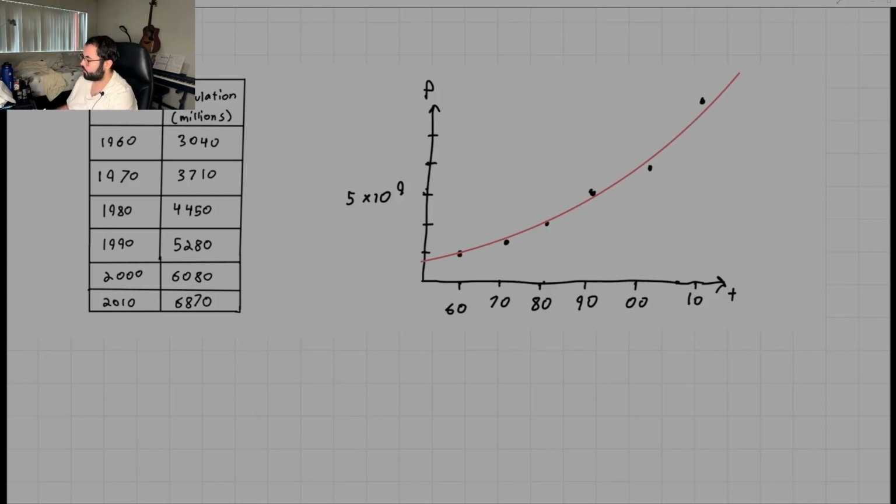The line doesn't go through all of the points, but it does get really, really close to them. Now, this is just something that I drew by eye, but there are better, more analytical methods for finding lines like this, for finding a line of best fit.